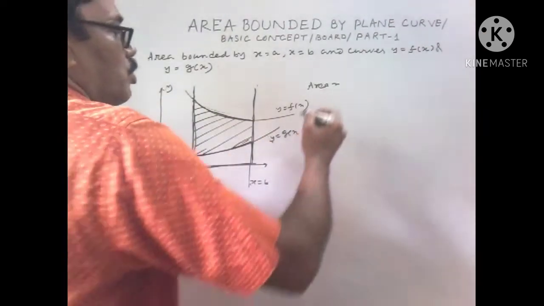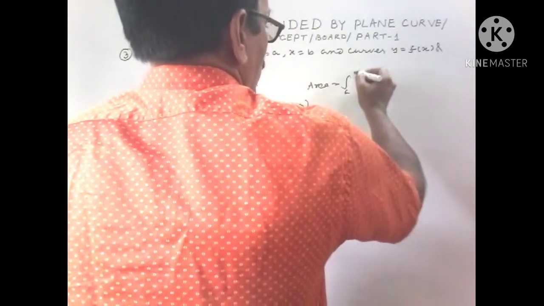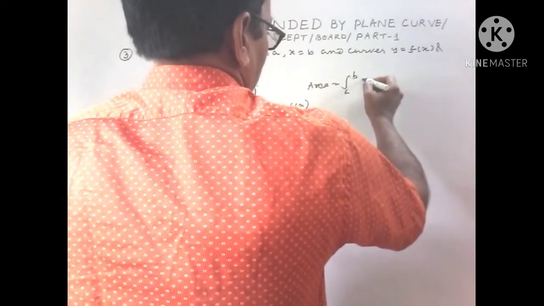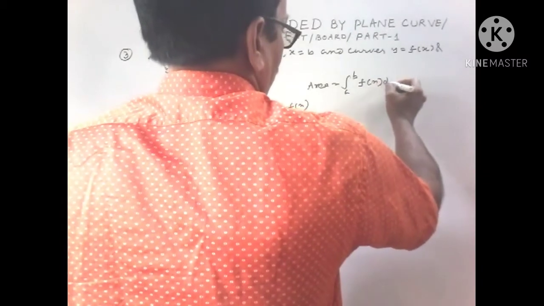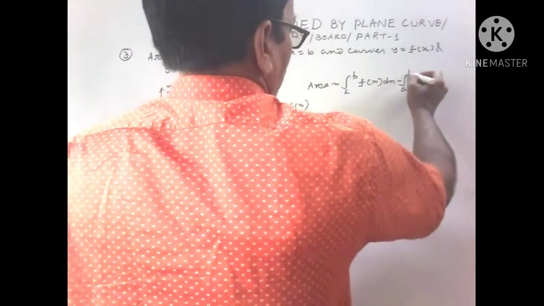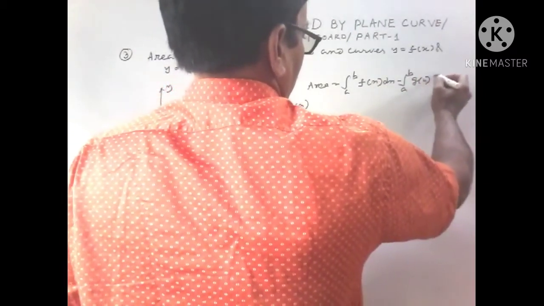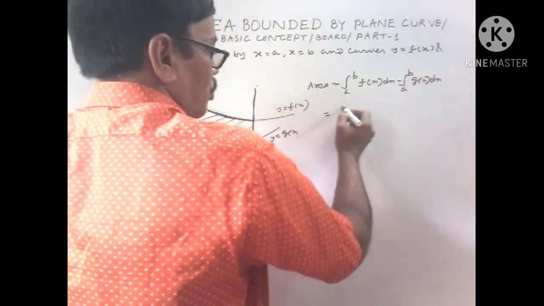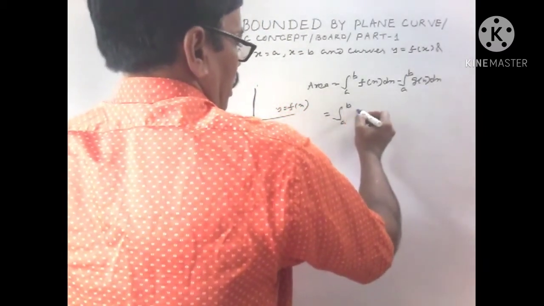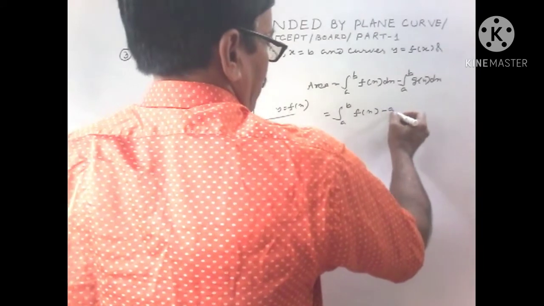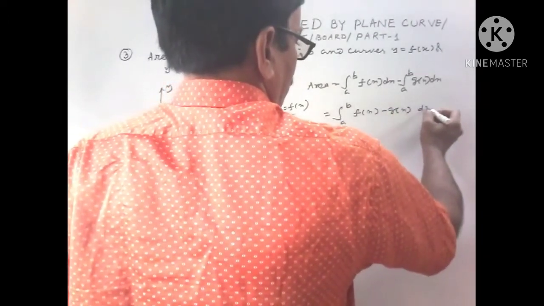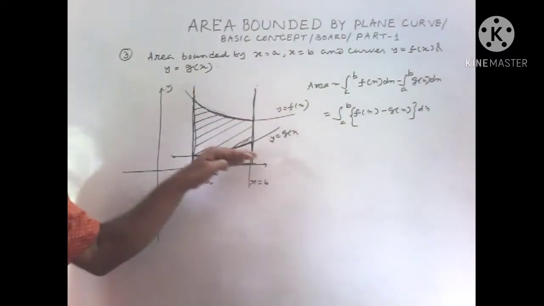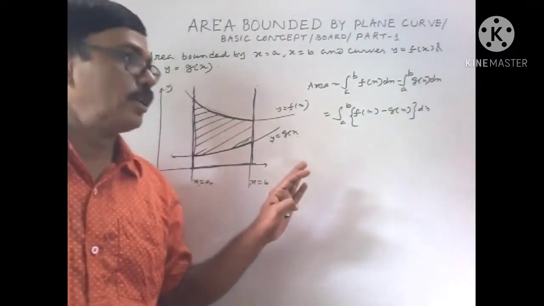So area equals the integral from a to b of fx dx minus the integral from a to b of gx dx. So with the same limits of integration, fx minus gx. Here it is obvious that fx is above gx.